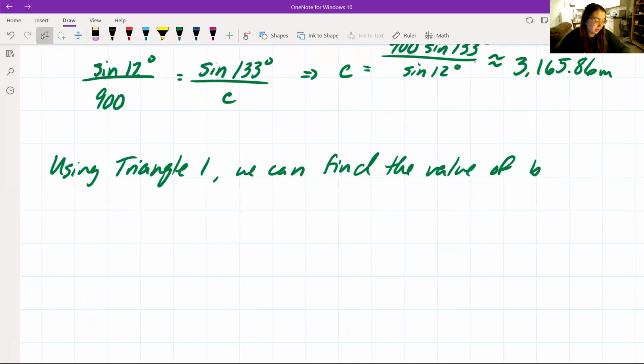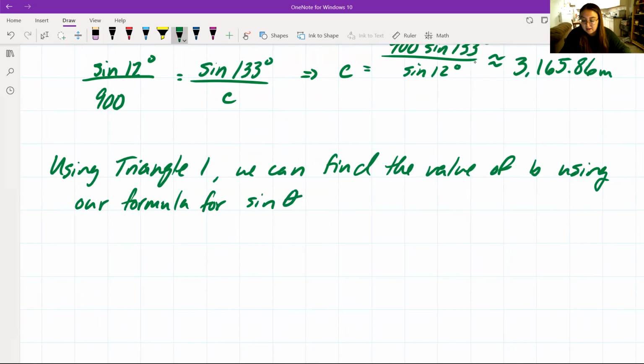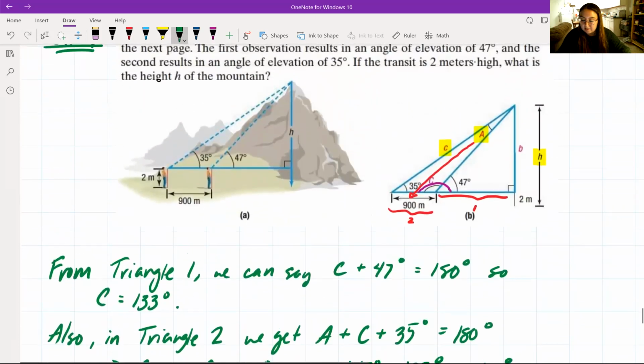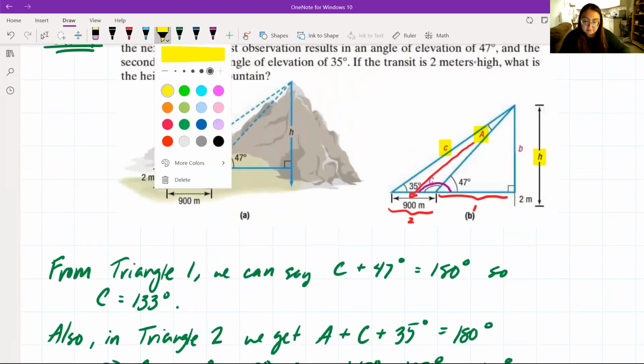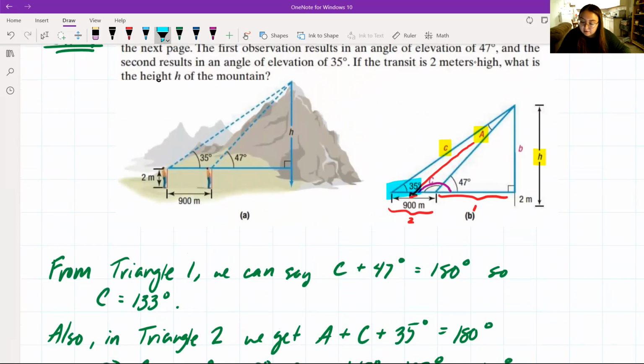Using triangle 1, we can find the value of B using our formula for sine of theta is equal to opposite over hypotenuse. Sine of 35 degrees corresponds to B over C, which we've now found the value of lowercase c.